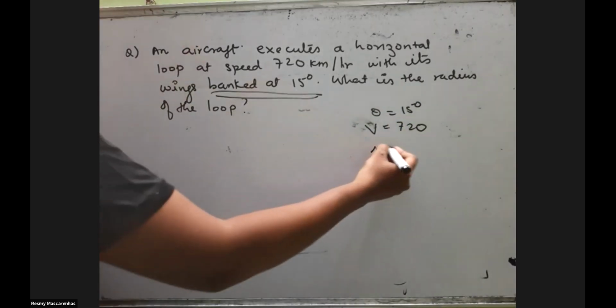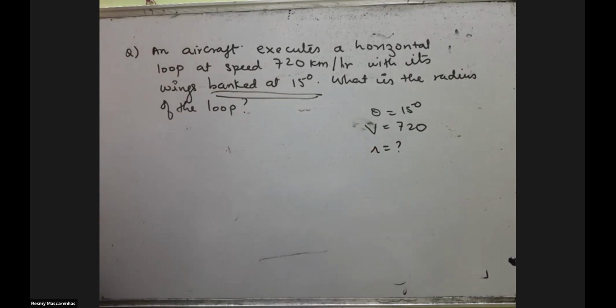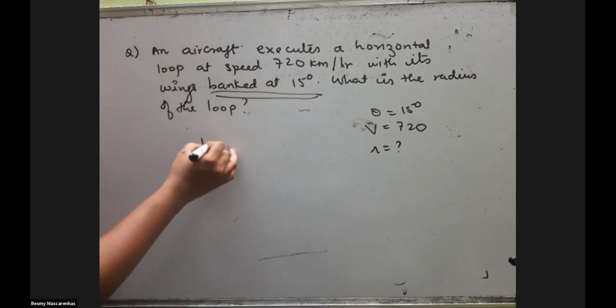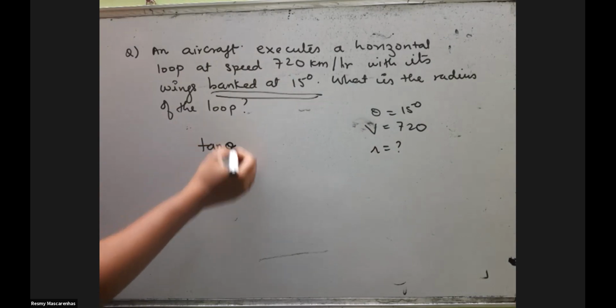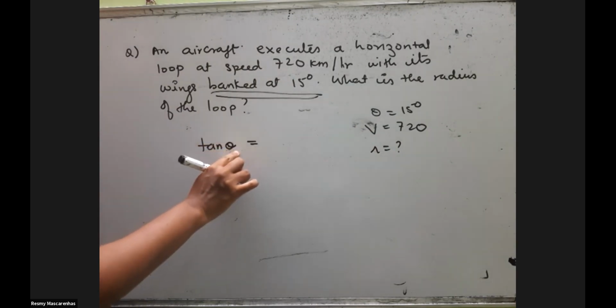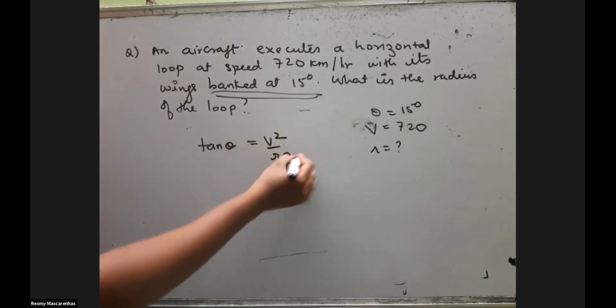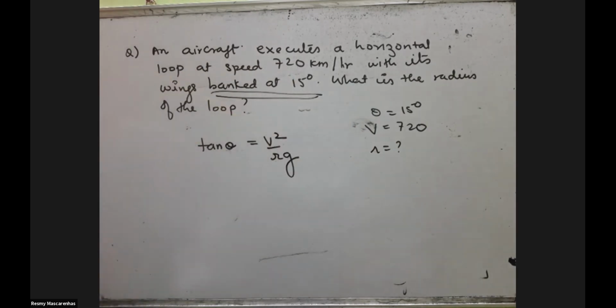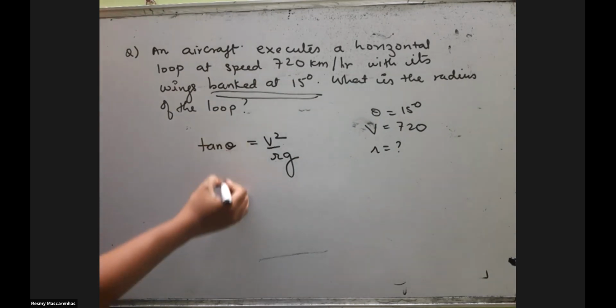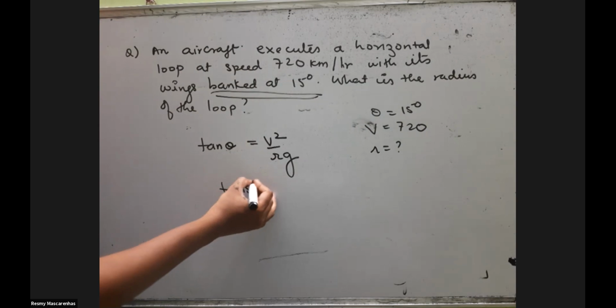Now what is r? So the moment anything related to banking comes, you know that your banking angle is given to me. This formula we have already derived just now. Tan theta is v square upon r. So tan 15 degree.